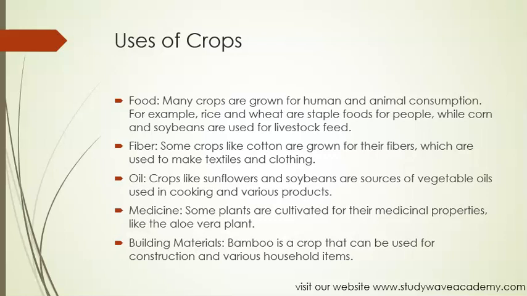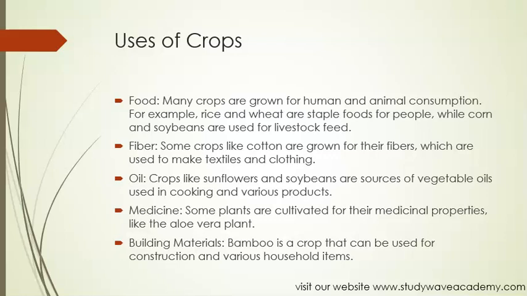Crops are used for oil. Crops like sunflowers and soybeans are sources of vegetable oils used in cooking and various products. So crops like sunflowers and soybeans are grown to produce oils used in cooking and making products.